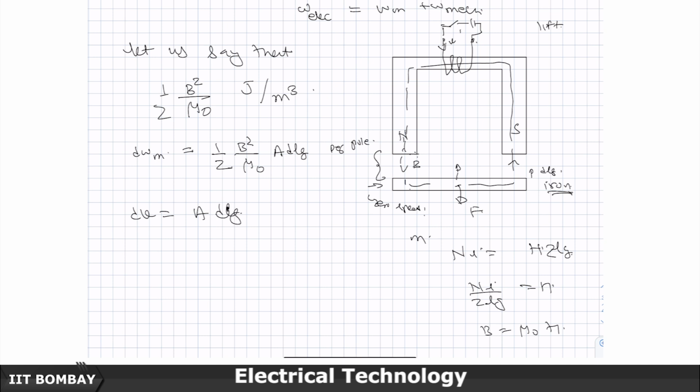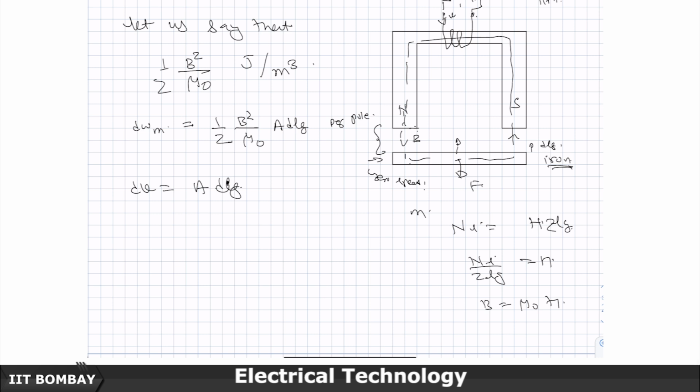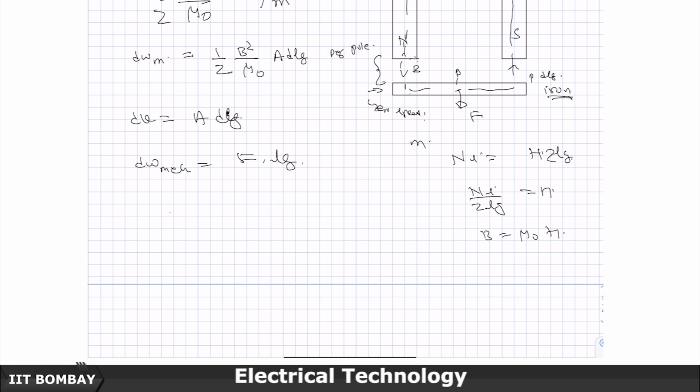So, whatever was that stored magnetic energy, that stored magnetic energy will change by this much value, and this should be exactly equal to the work done, which is F times of dlg. So, if I look at this F dlg, work done will be due to the change in the magnetic field energy here and the change in the magnetic field energy here.